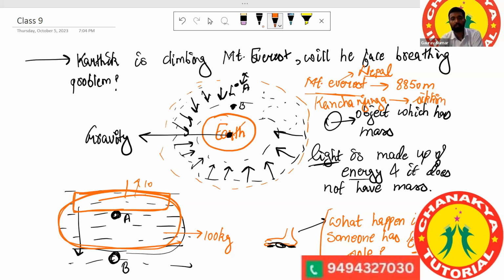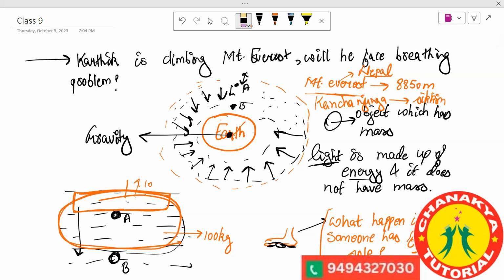Okay, so we were talking about Mount Everest. As we go to the peak of Mount Everest, we are 8,850 meters above the surface of Earth. As we go above, what will happen? Will the pressure due to the atmosphere decrease or increase? It decreases. How?